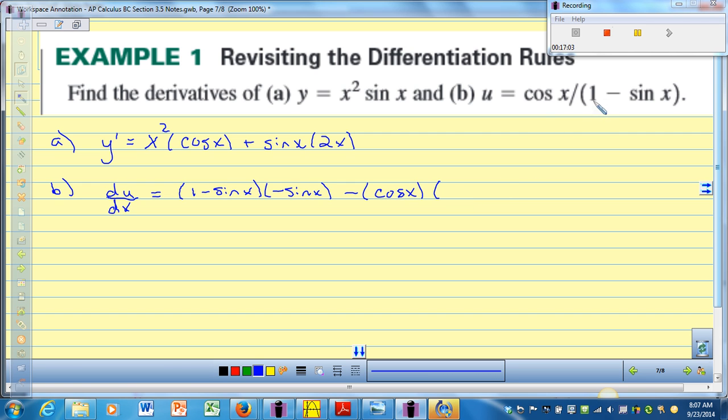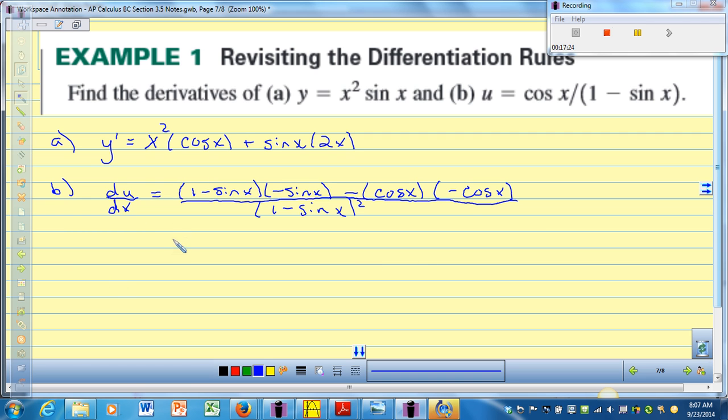Well, derivative of 1 is 0, so what would it be? Negative cosine x. Over 1 minus sine x quantity squared. Okay? So you can simplify the top if you'd like, but again, if you're not asked to, you don't have to.